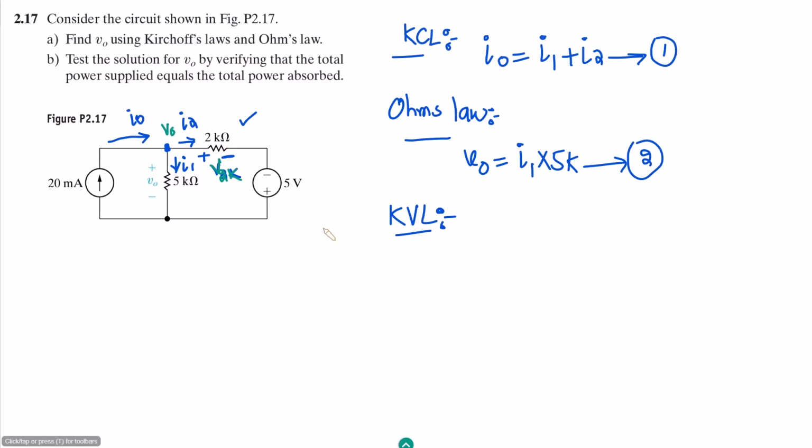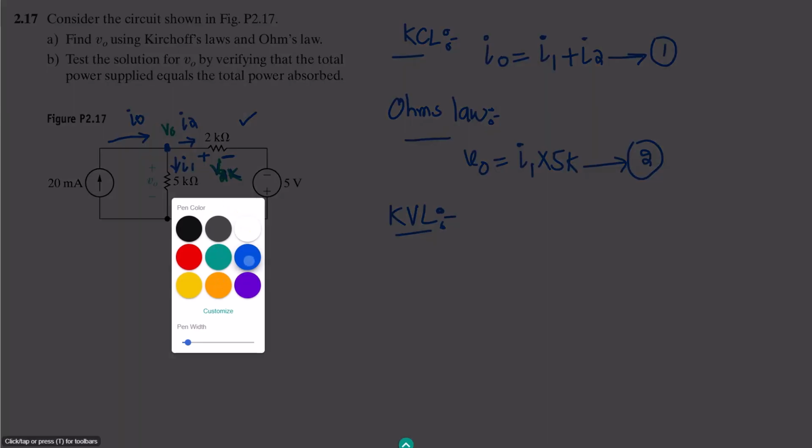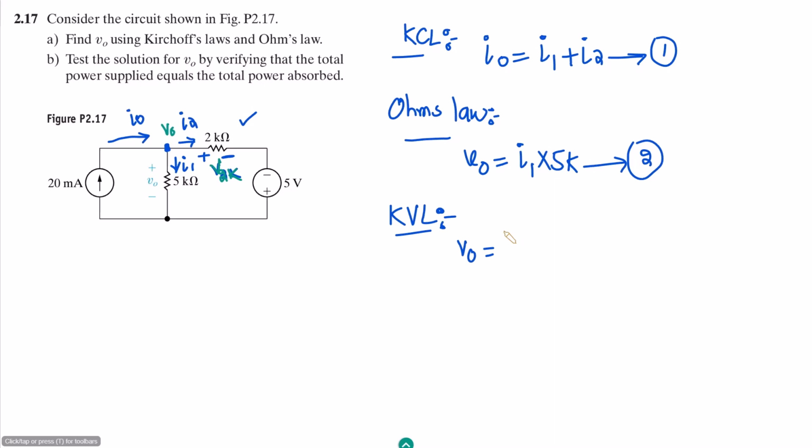So applying the KVL here, what will we get? V naught is equal to the voltage drop across this one, which is V2K. And you can see that this is of the same polarity as here we have this V naught.